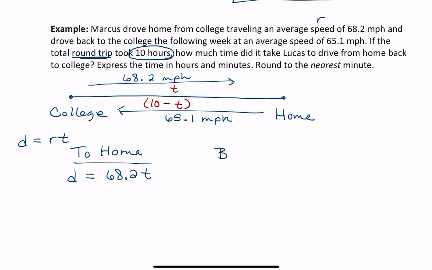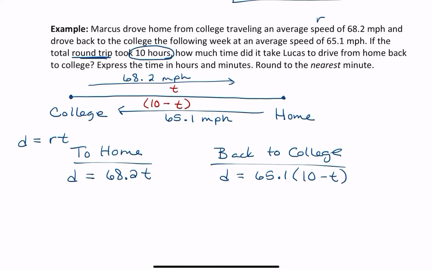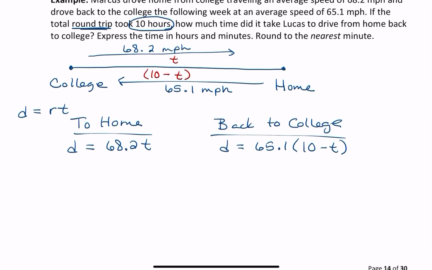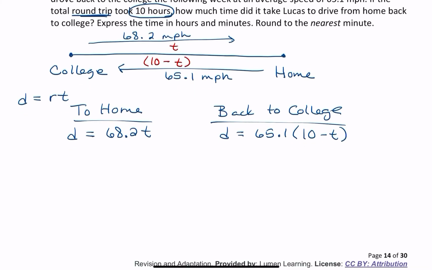And then back to college, his distance would be the rate, 65.1, times his time, which would be 10 minus t. I hope that makes sense. I got the 10 minus t by taking the time off from the 10 hours, because it was the round trip time.